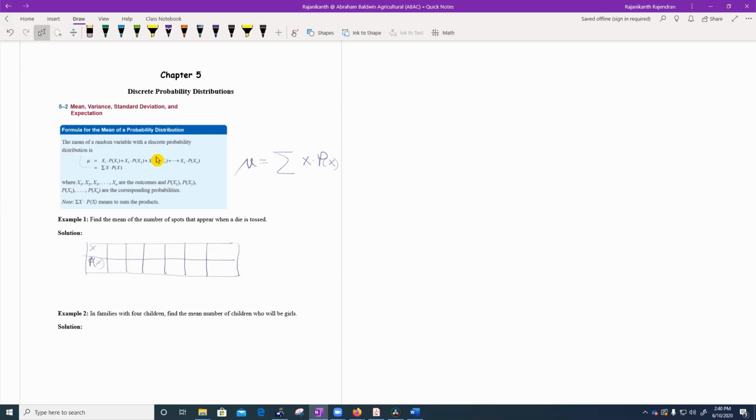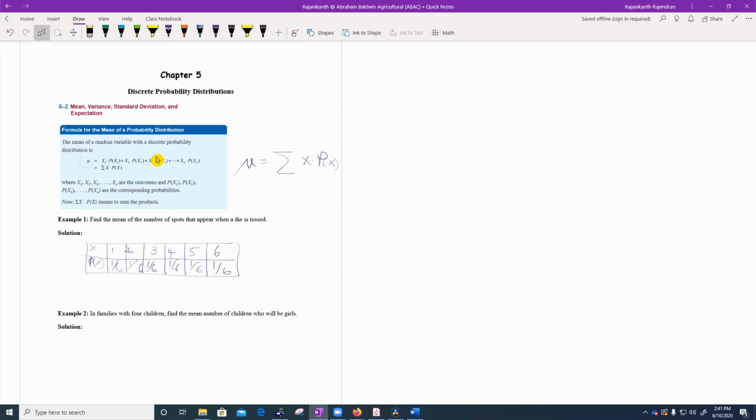So if you list all the possible values, you get 1, 2, 3, 4, 5, 6. Remember we had this probability distribution last time when you roll a die. So each number has 1 over 6 probability. Okay.